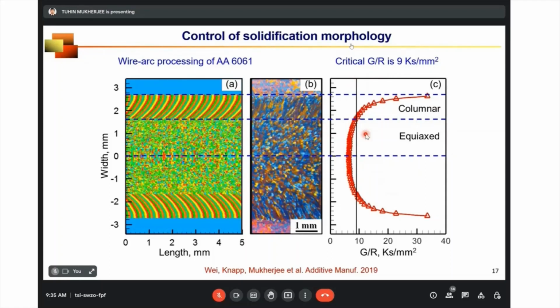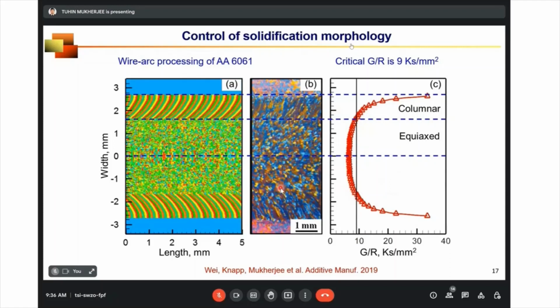You can see that beyond, let's say, 1.5 millimeter, the calculated value of G by R is above 9 Kelvin second per millimeter square. That means it will form columnar dendrite. It is very much consistent with the experimental observation. And in the other region, where the G by R is below the critical value, which is 9 Kelvin second per millimeter square, our computed result tells us that it will form equiax grains.